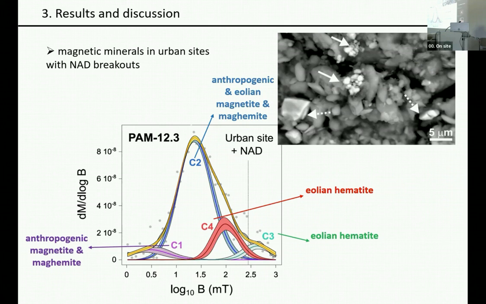In this case, as you can see from this image, in addition to these anthropogenic particles of magnetite and maghemite, signaled by a black arrow, we could observe single crystals of magnetite and maghemite with the typical features shown by detrital minerals, which in this case can be only aeolian.